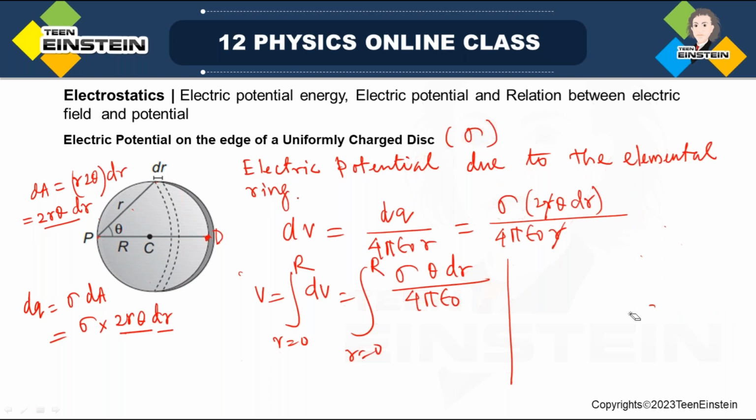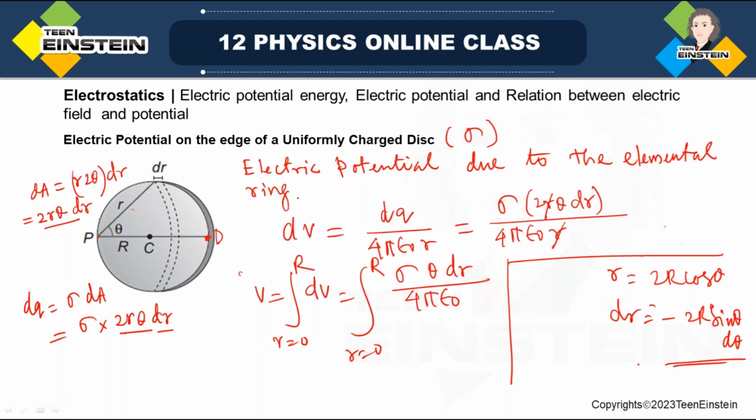I'll rewrite this. Small r will be 2r cos theta. Then what will be dr? dr will be minus 2r sin theta d theta. All right, so now I can take the limit also from here.